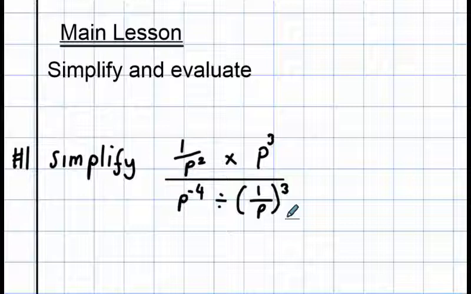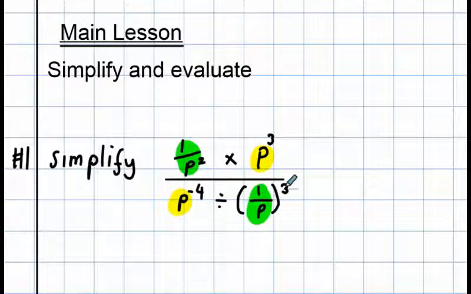Well, what we don't like, first and foremost, are p's and 1 over p's. So we change everything so that it's some power of p. The ones we're going to change are this and this. As we were discussing earlier, 1 over p squared can be written as p to the minus 2. So I'm going to rewrite the question so it's just got p's to some power.